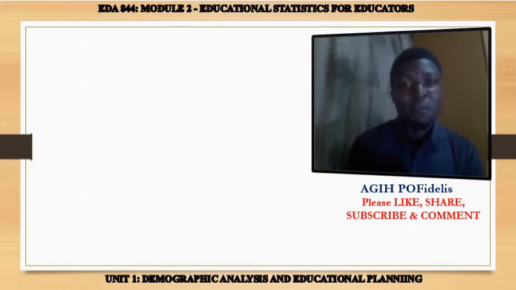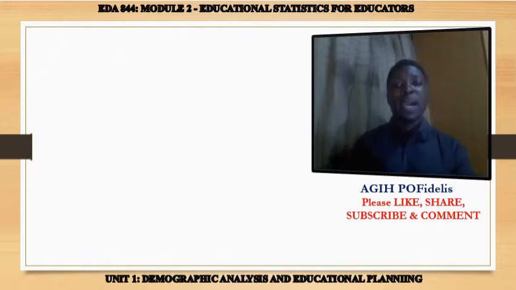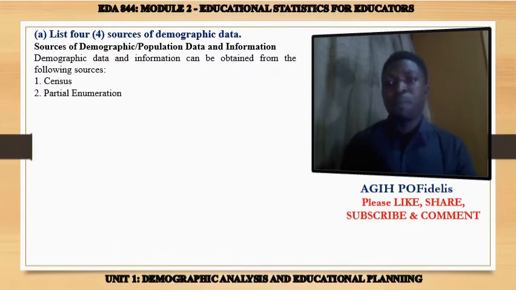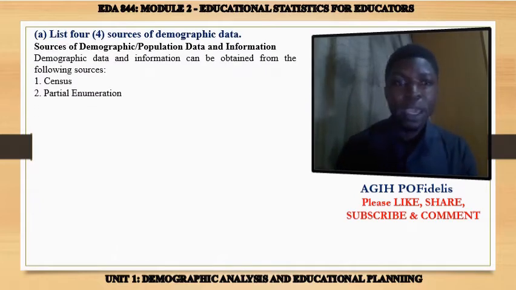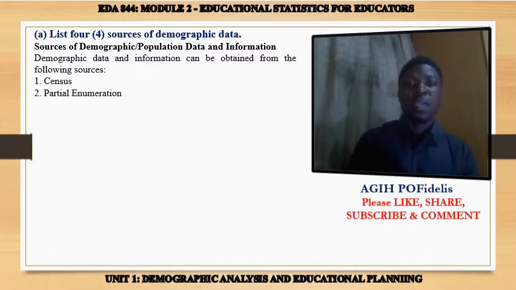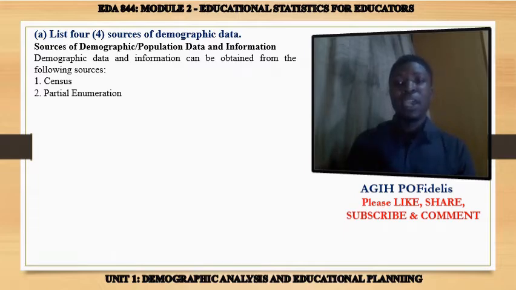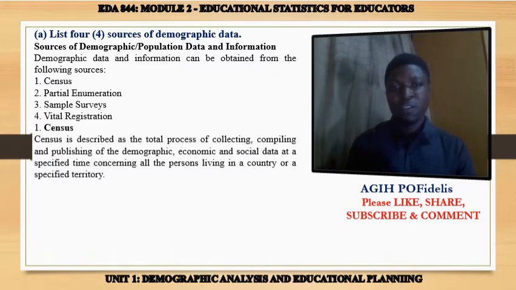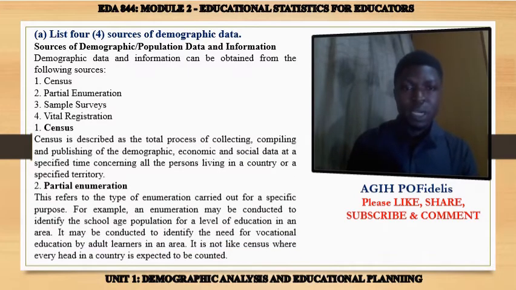Demographic data and information are required by the educational planner to enable him understand the population figures he or she expects to work with at present time and future dates. The sources of demographic data include census, partial enumeration, sample surveys, and vital registration. Let's discuss this one after the other.